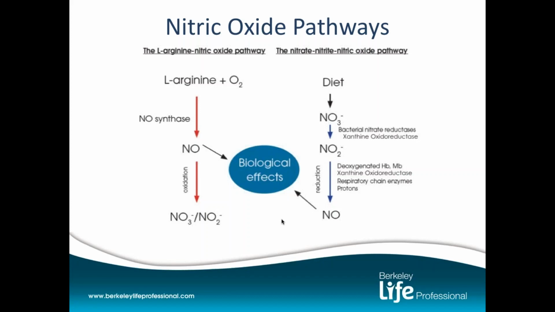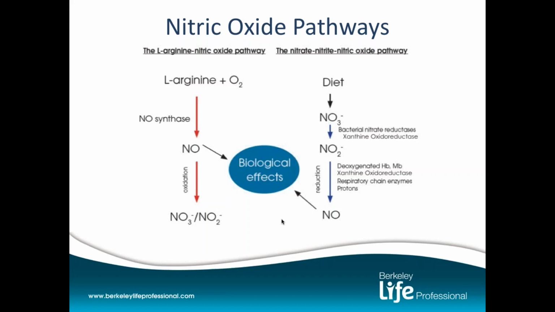The nitrate to nitrite to nitric oxide pathway: we consume the nitrates, they're absorbed, and about 25% of them get concentrated in the salivary glands. Salivary glands release the nitrates. We've got good anaerobic bacteria on the dorsal aspect of our tongue that will reduce the nitrates to nitrite.